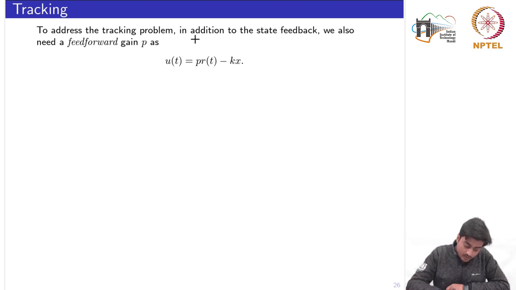So to address the tracking problem, in addition to the state feedback, we also need a feed-forward gain P defined by this.